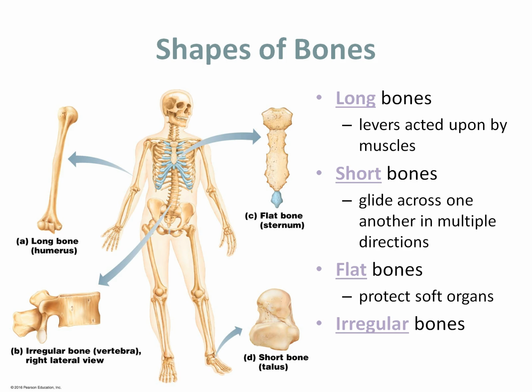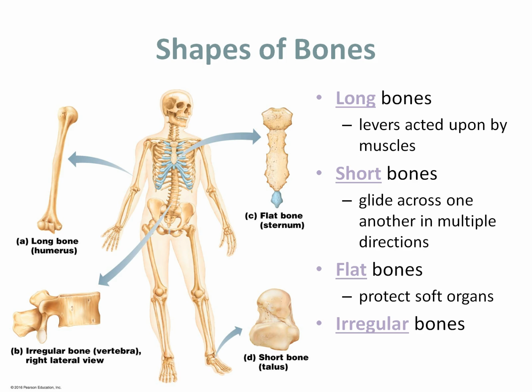Our carpals and tarsals contain a lot of short bones. One example of a short bone is the talus, which is the bone that the tibia sits on top of in the ankle. Flat bones function to protect soft organs. The sternum is a flat bone, the ribs are flat bones, and the cranium contains flat bones.